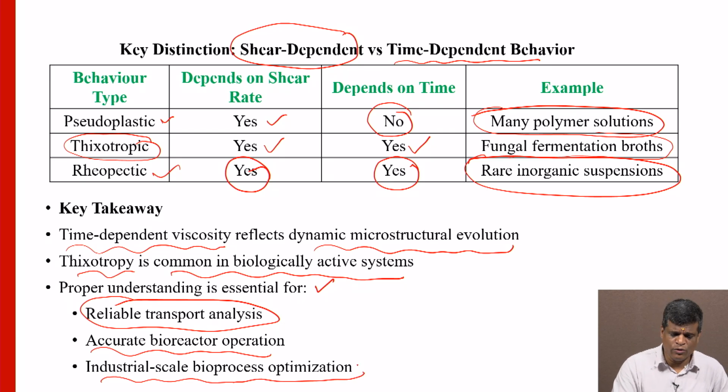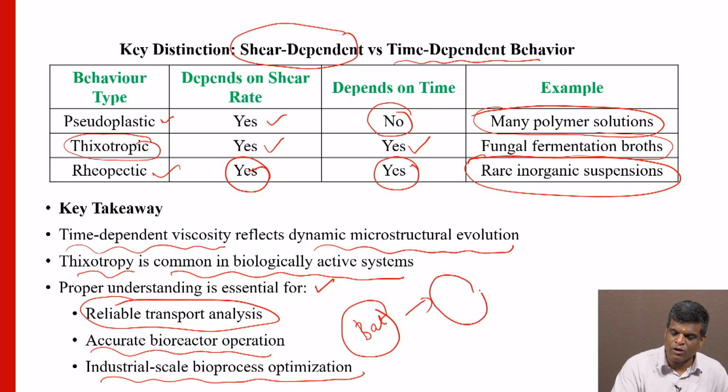So, definitely when you want to go from batch to industrial scale, we need bioprocess optimization, because the batch does not work the same way at industrial scale. Some parameters we never use in the batch, but some parameters we always use in the industrial scale.